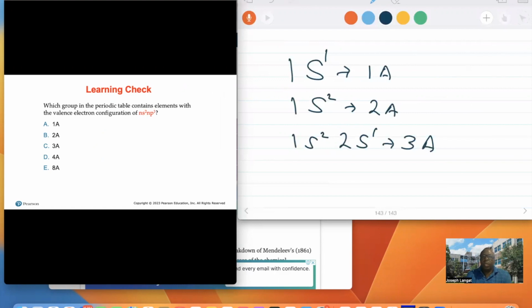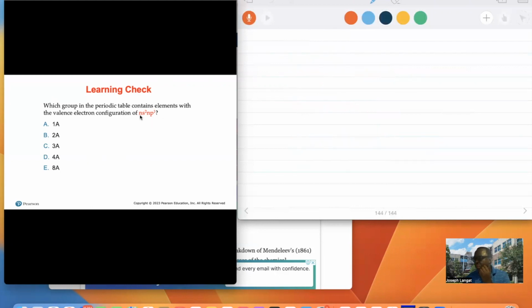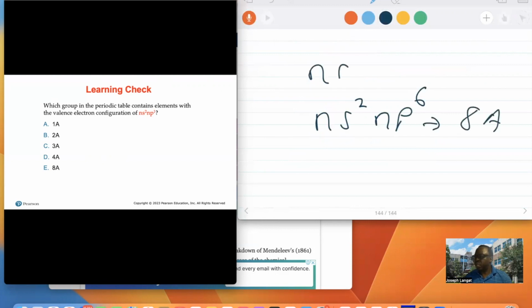You don't even see this is n, principal. n here stands for principal. So I can have ns2 np6, this is 8A. ns2 np5, this is 7A, and so forth.